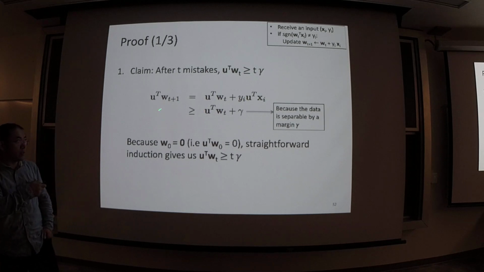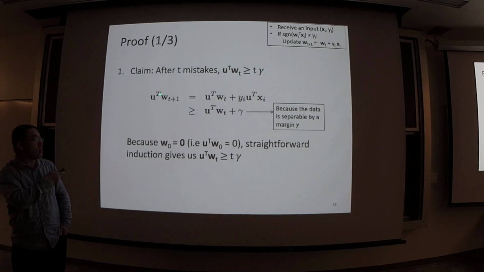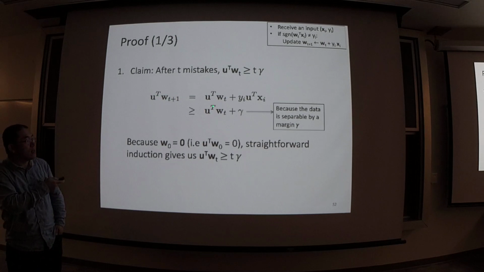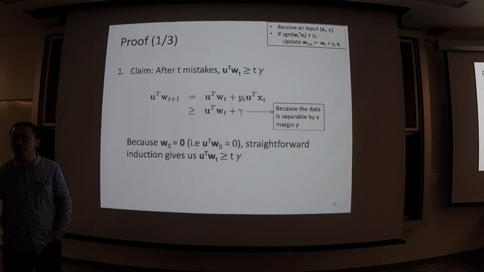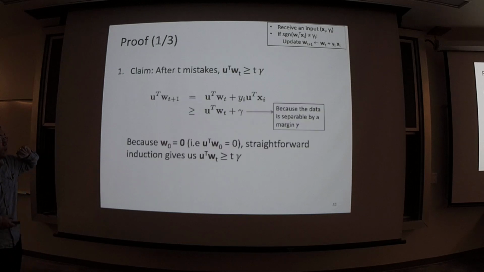And for arbitrary step t, as long as u transpose w_t is no less than t gamma, then if you make a mistake again, u transpose w_{t+1} is no less than (t+1) gamma. So this is standard induction. Then we can claim that after we make t mistakes, this inequality holds.